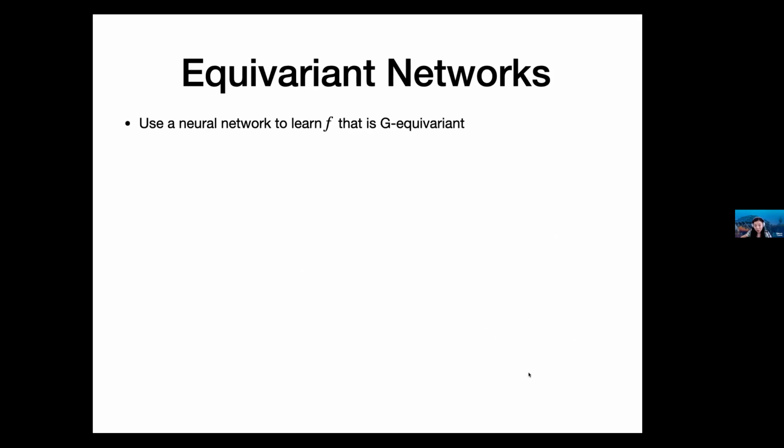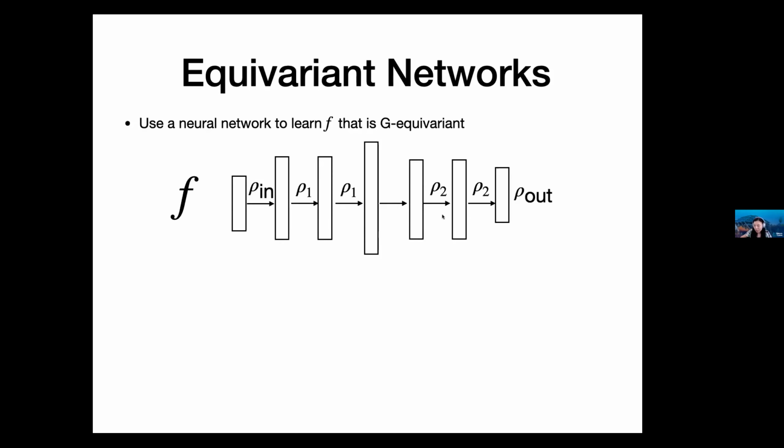In general, let's say I have a function f that is equivariant. Then I can construct the representations of this neural network such that the input and output mapping as a whole is equivariant. The input and output representations are fixed, so we can't really do much about them because they come from data.